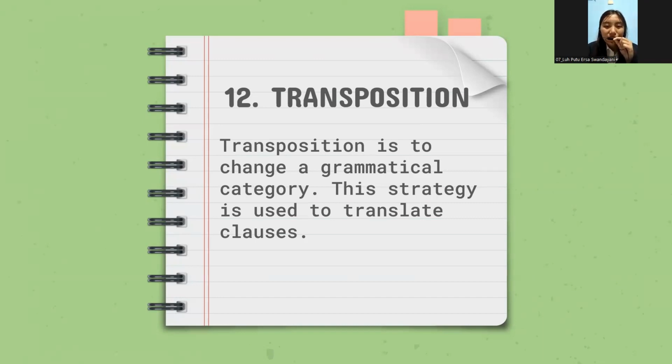The equivalence refers to how the message in the source text is either fully, completely, or not equivalently presented in the target text. Usually, this transformation will be in the form of changing from singular to plural, the position of adjective, and changing the overall sentence structure by separating or combining two clauses into one sentence in the target text. Next slide, please.